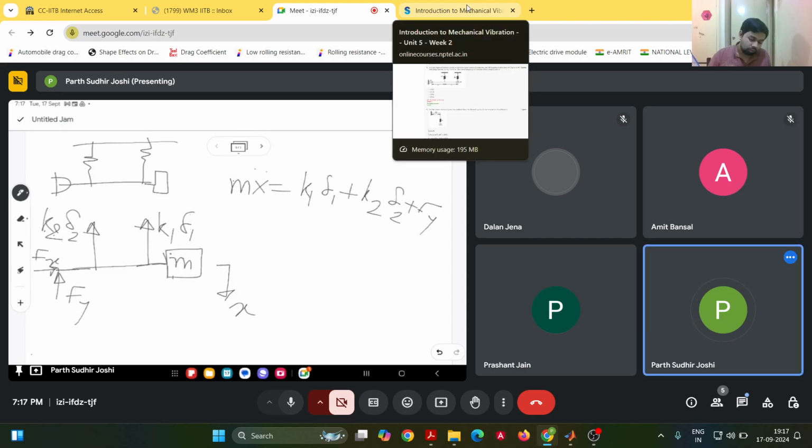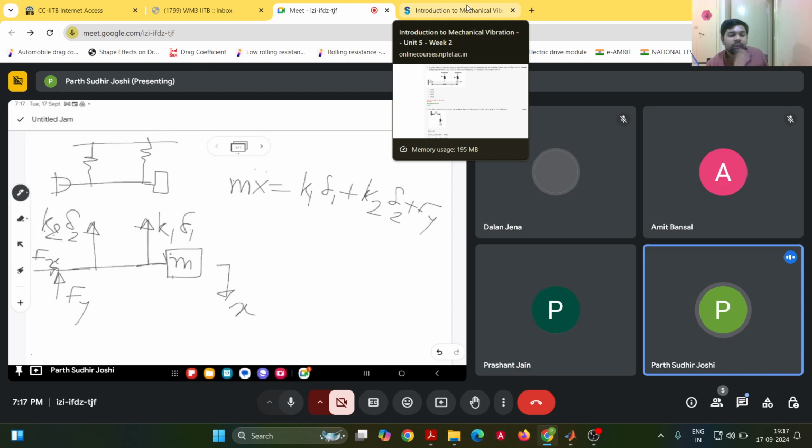Fine. So k1 delta 1 plus k2 delta 2 are the two spring forces, and Fy is the force in the y direction.